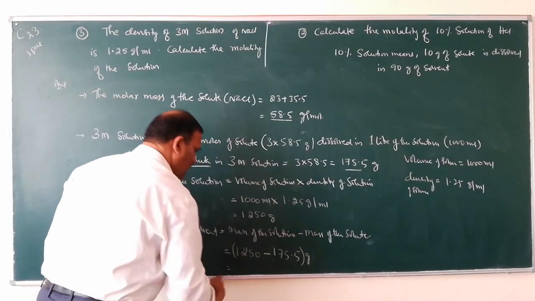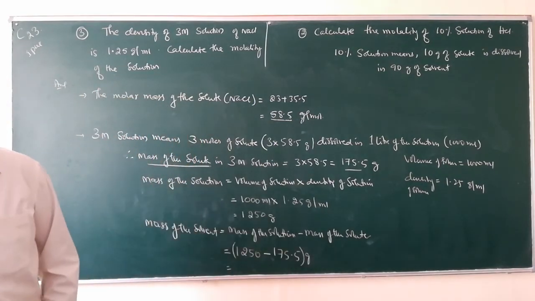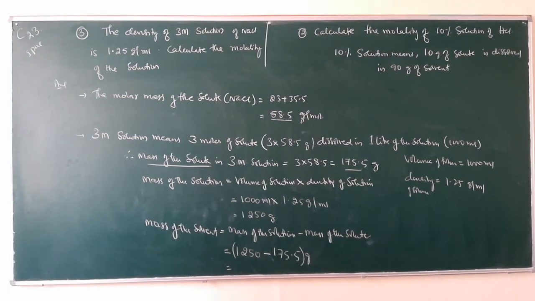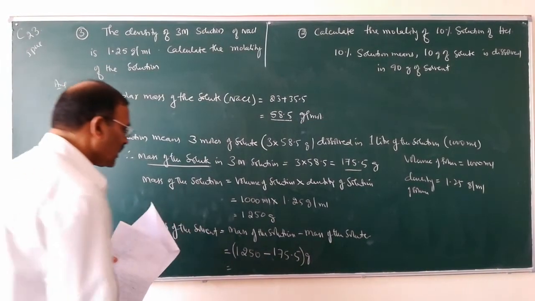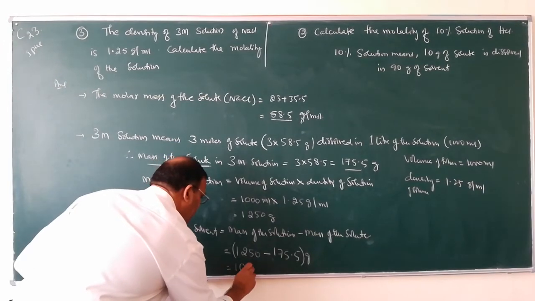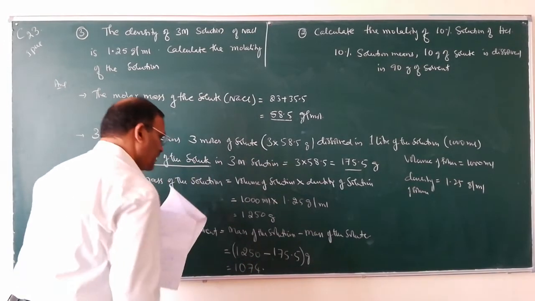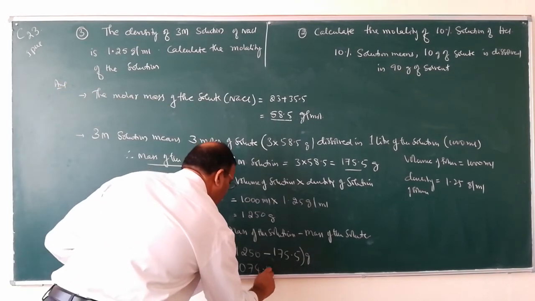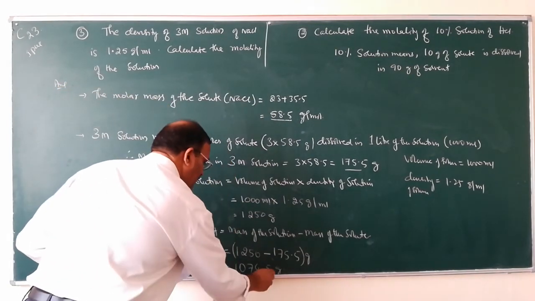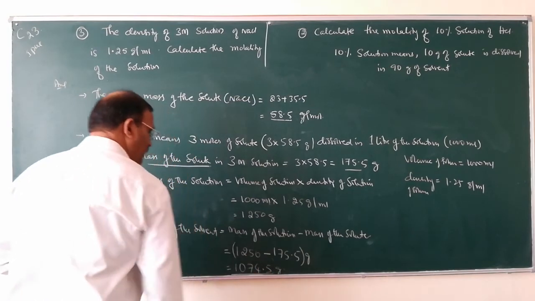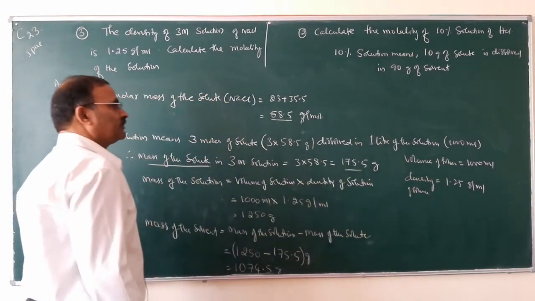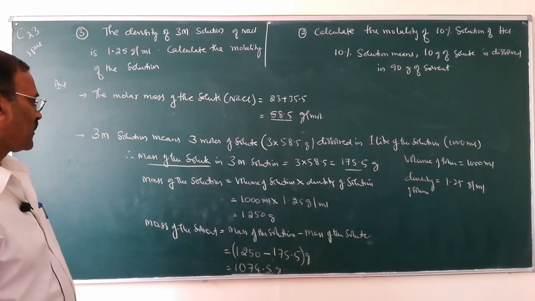So mass of the solvent equals 1074.5 gram. So this is the mass of the solvent. This is the mass of the solute.